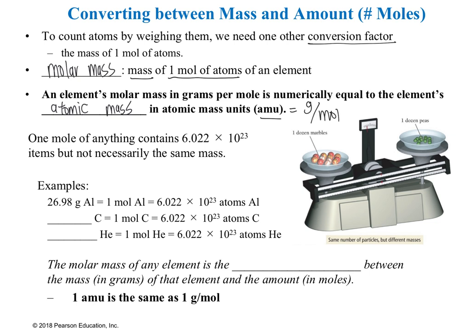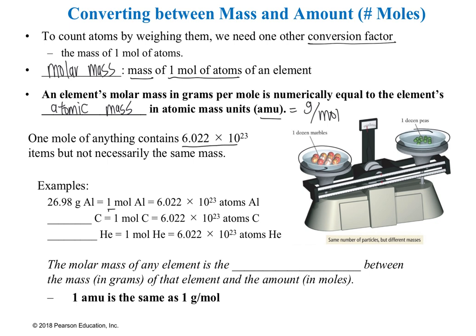They're not the same value, but they are equivalent. So 1 mole of anything is 6.022 times 10 to the 23rd items of that thing, but the masses aren't necessarily the same. I could have a dozen marbles and a dozen peas, right? But they're going to weigh a different amount. So that's where molar mass comes in.